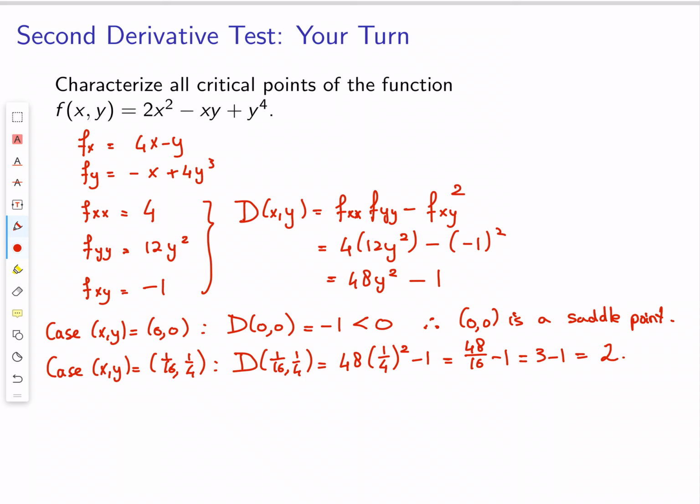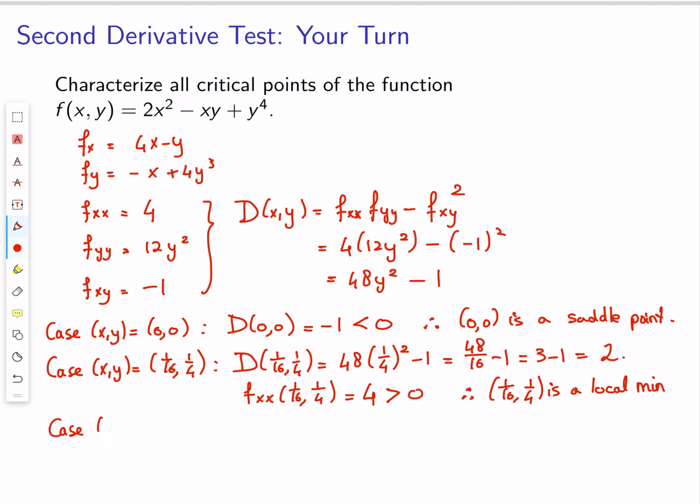And that says that we have to do a little bit more work. We also have to find out what f sub xx is. So f sub xx at (1/16, 1/4) is 4, which is positive. Therefore, this critical point (1/16, 1/4) is a local min. If you just look up your second derivative test, you'll find that it's a local min.